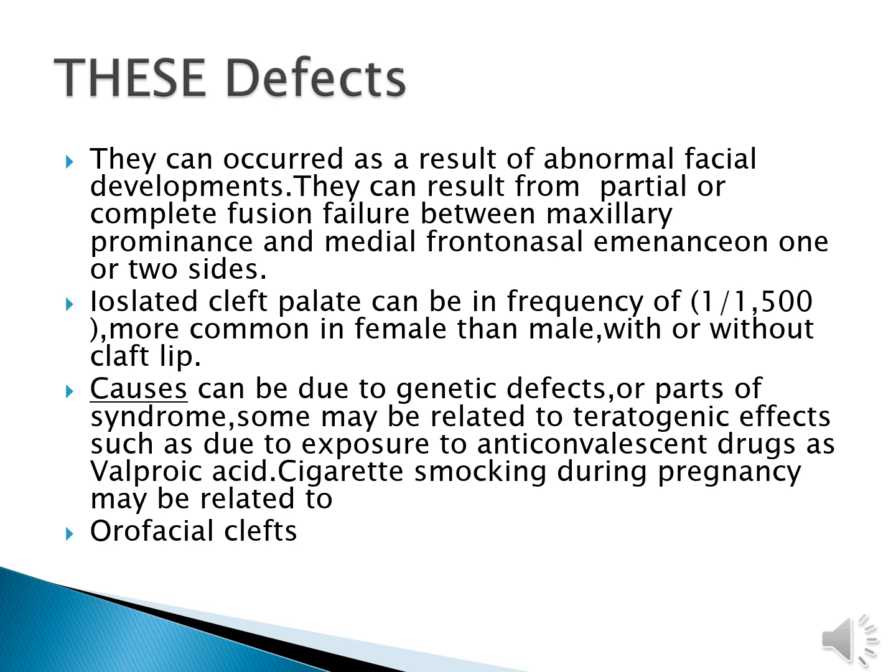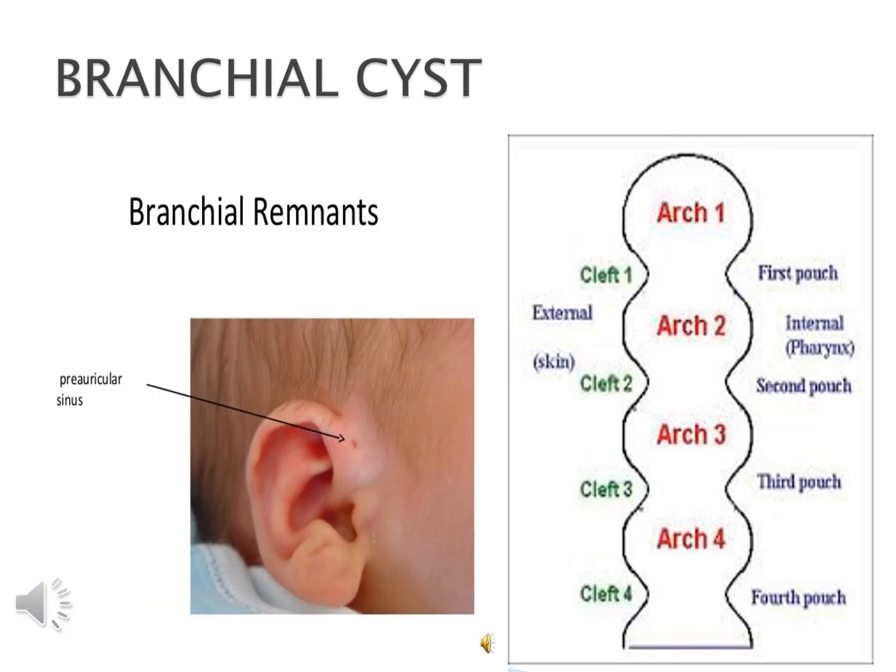As we said before, in embryonic development there are mesodermal thickenings on each side of the embryonic neck, 6 in number on each side, 6 on the right and 6 on the left. These are called pharyngeal arches.